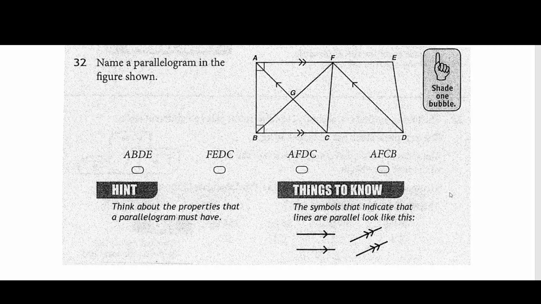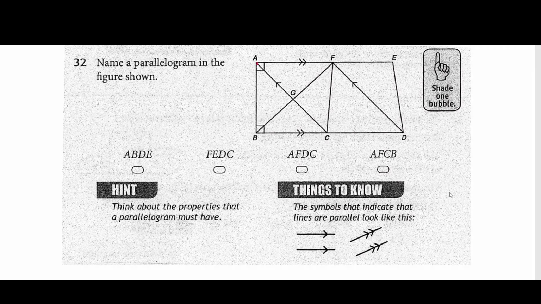So we've got here, we're going to have A to F is parallel with B to C. Okay? And C to A is parallel with F to D. Or D to F.